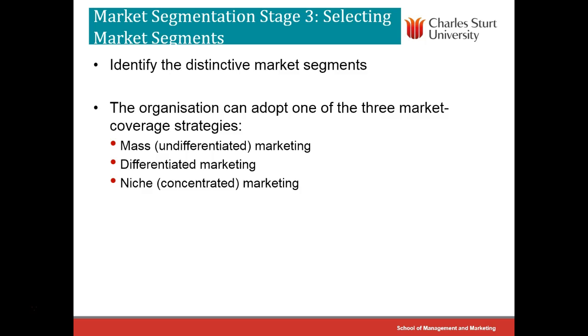An example of that might be Virgin's positioning against Qantas, more on the idea of, I suppose, fun and customer service. Niche concentrated marketing is when we might look at a particular market segment, for example, luxury hotels, or we might look at budget backpacker hostels, and we just concentrate on that market.